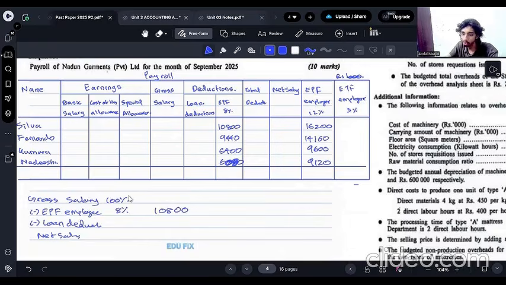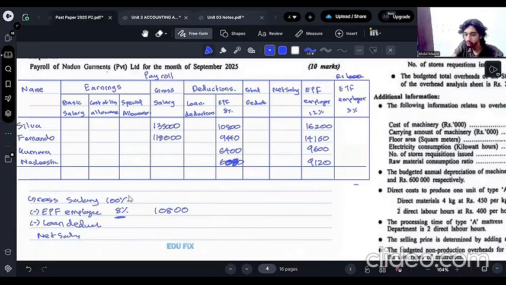Now, EPF employee, for example, let's say Silva, he has 10,800. How much will be his gross salary? 10,800 divided by 8 and multiply by 100, you will get his gross salary as 135,000. Same for all the employees. 9,440 divided by 8 into 100, that's going to be 118,000.